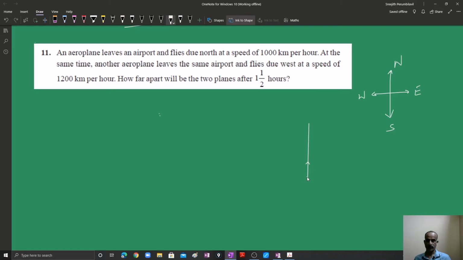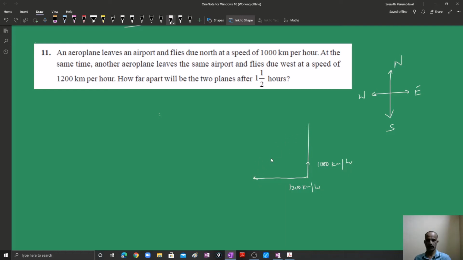The next one is going due west in this direction at the speed of 1200 km per hour.